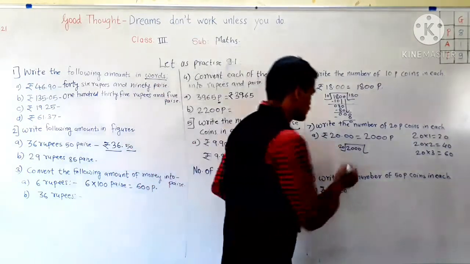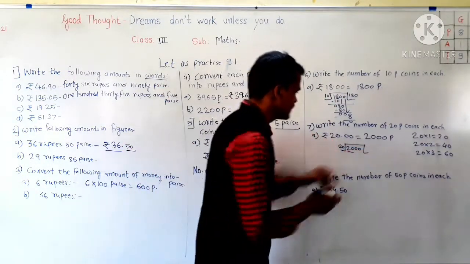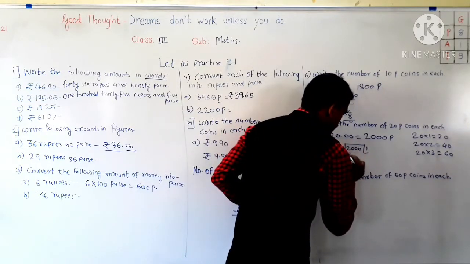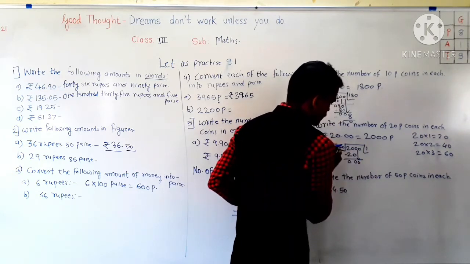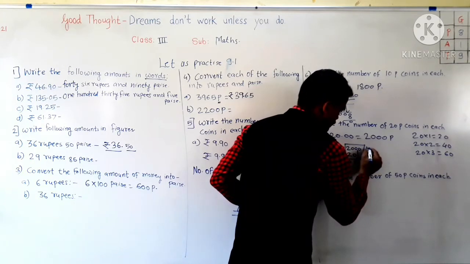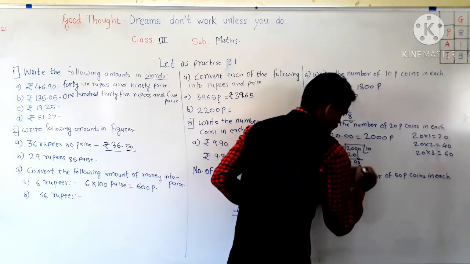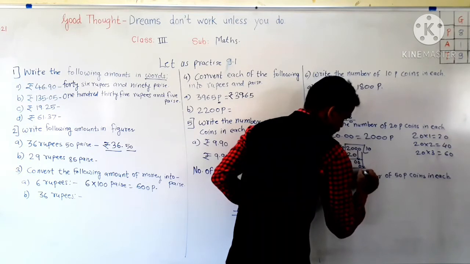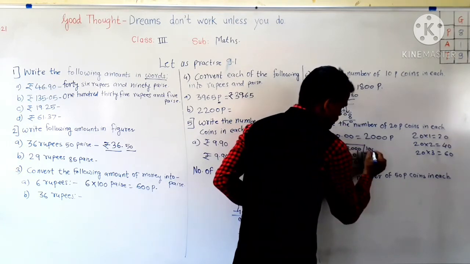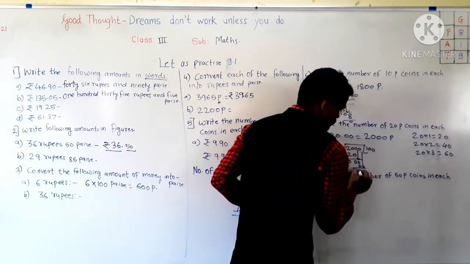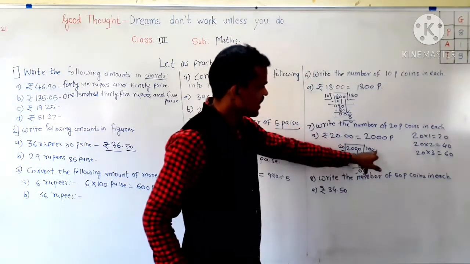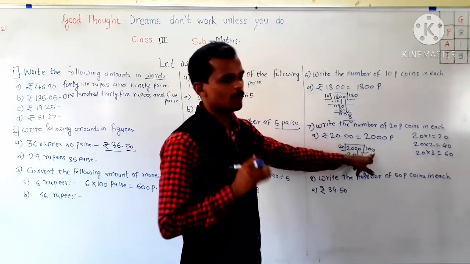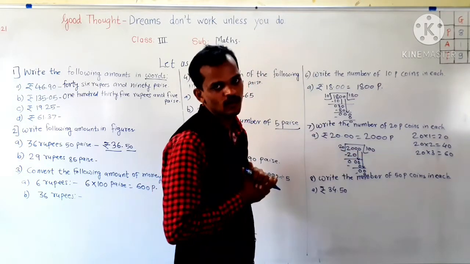So see, the first number is 20. 20 ones are 20. 0 minus 0 is 0, 2 minus 2 is 0, then take this 0 down. 0 divided by 20 is 0, subtract 0 from 0, then take this 0 down. 0 divided by 20 is 0 and 0 subtracted from 0. So what is the answer? 100 coins of 20 paise make 20 rupees.